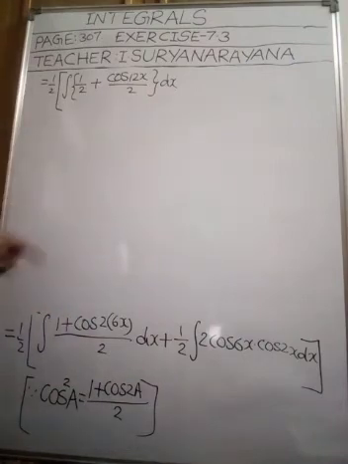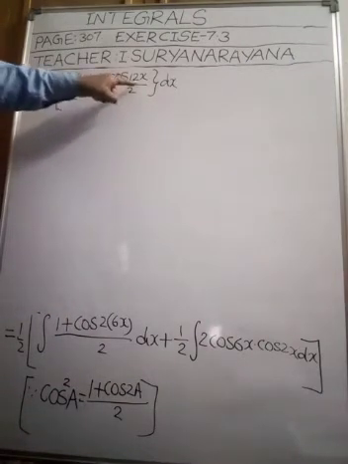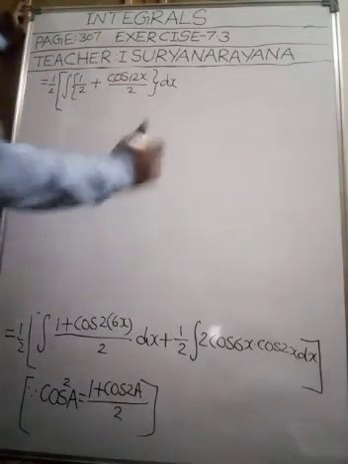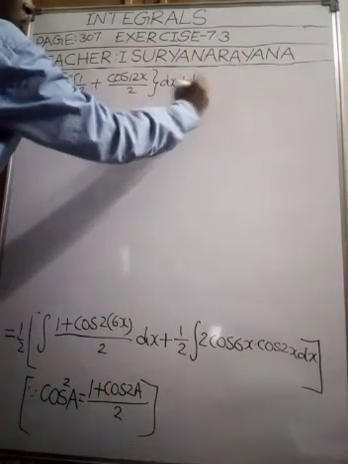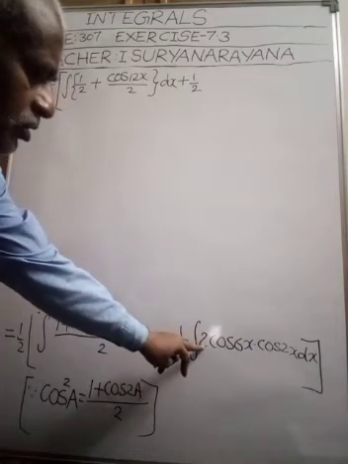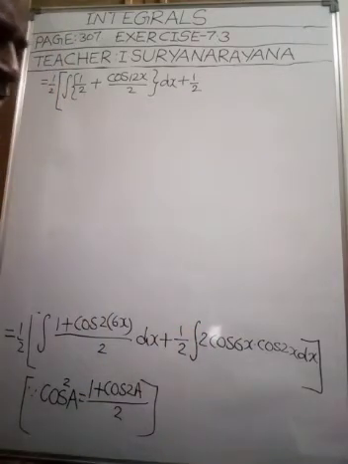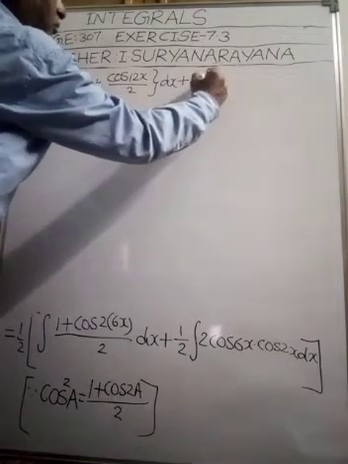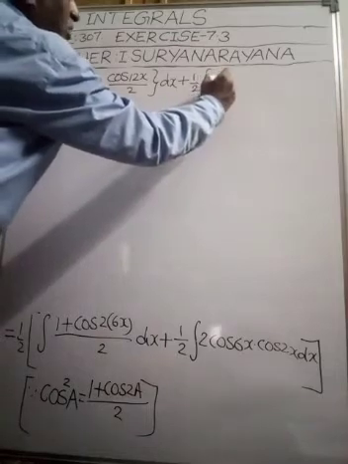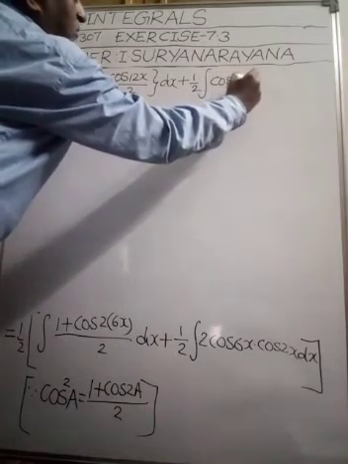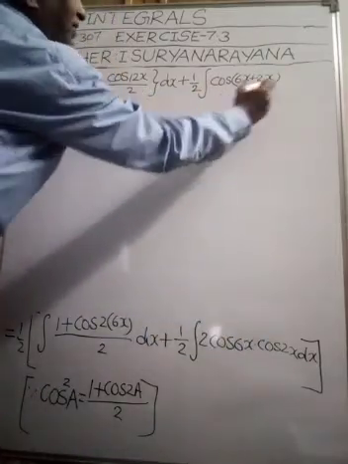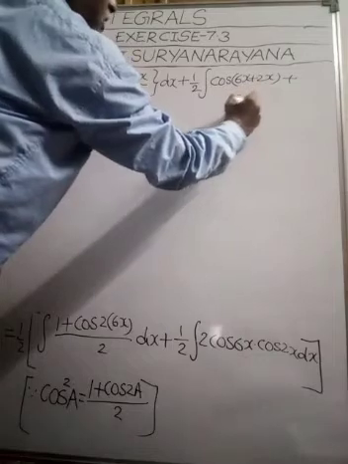Understood, my children? Don't cancel here. This is an angle, this is a number. Don't cancel like that. Plus 1 by 2 for this integral. It is in the form of 2 cos a cos b. So use the trigonometric identity: cos of a plus b, that is cos of 6x plus 2x, plus cos of a minus b.